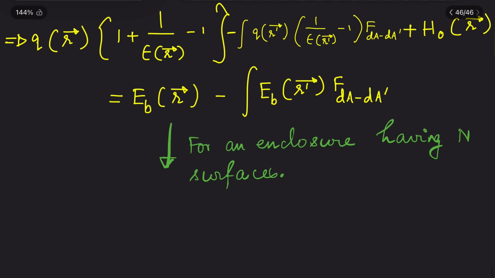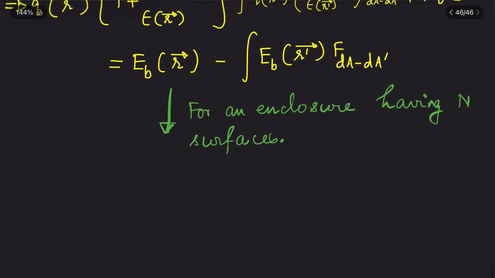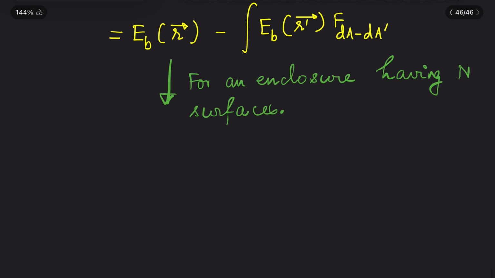okay. So now how can I define q for any surface? Because if this is my finite enclosure, then on this surface how can I define q? Because at every point q can vary on the surface also.